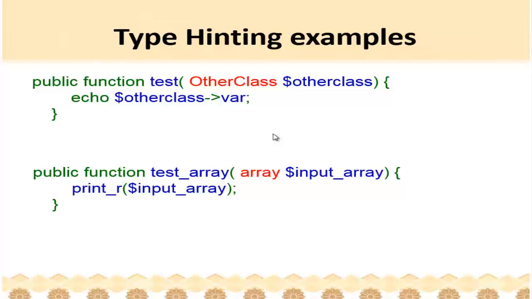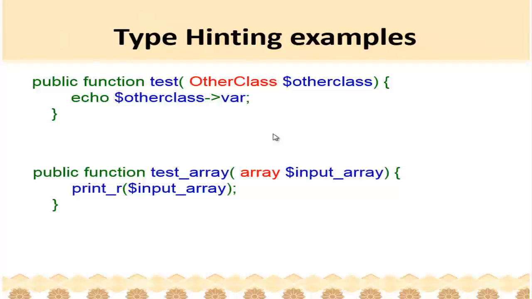In PHP, there is no data type, but you can use this to restrict the interpreter from accepting very different values. So this is how you can tell the interpreter that I expect you to take only an object of the other class. If somebody supplies a Student here, do not accept it, because I expect the data type to be the other class.